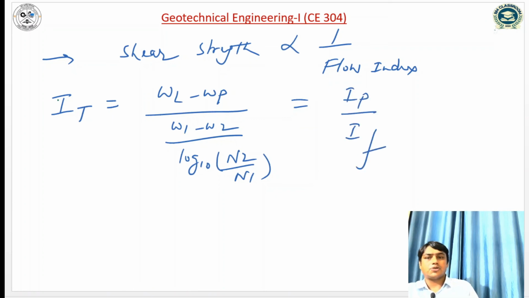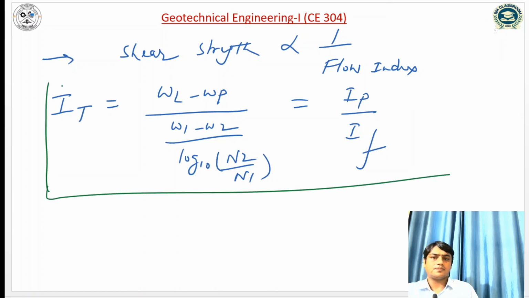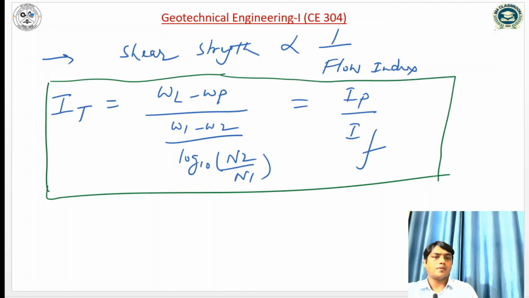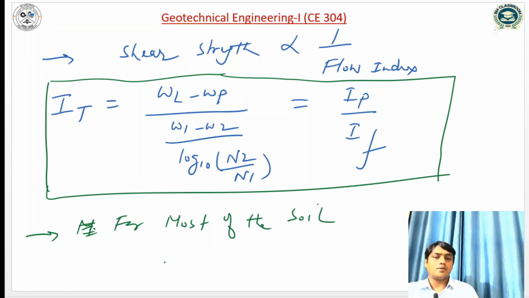So this is the expression of toughness index. For most of the soil, the value of toughness index lies between 0 to 3.